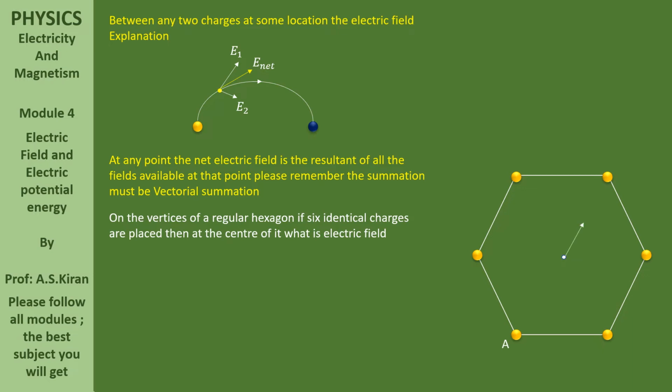There is a charge A. With respect to this assumed positive charge, the electric field is away from it.